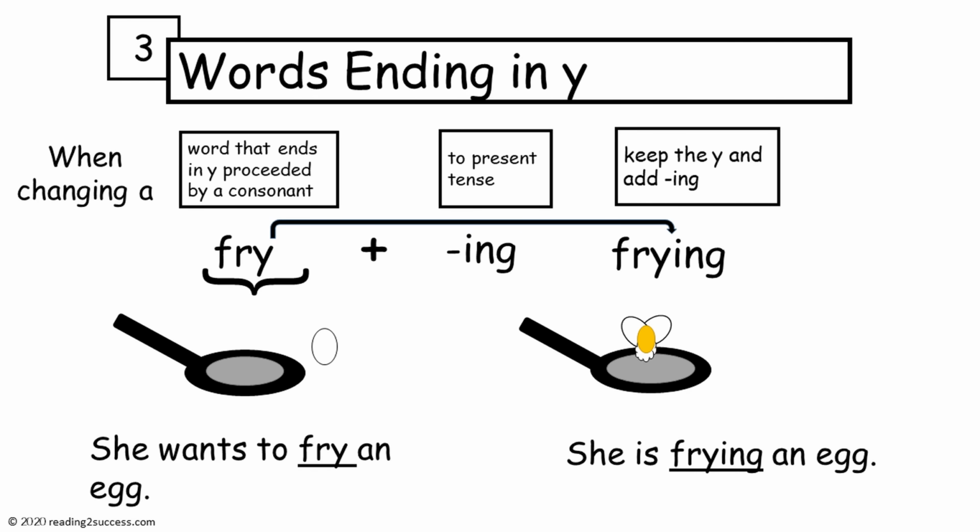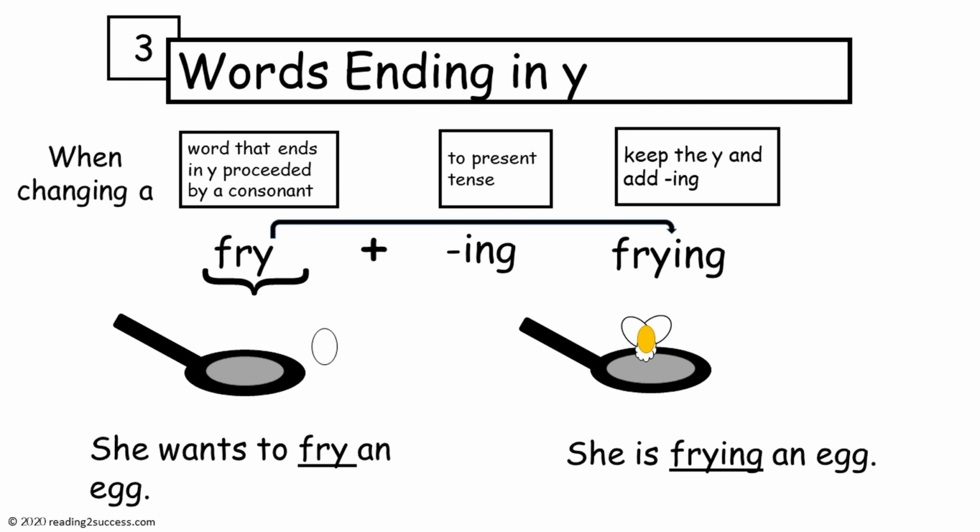This one's a bit tricky. It is not like the ed ending where we changed the y to an I and added ed. We keep the word and just add ing.